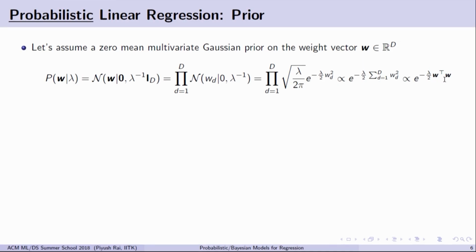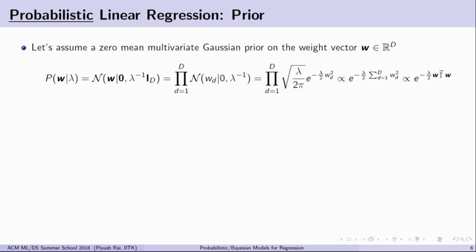We can write it as W transpose W, because if I take the inner product, it's nothing but the component-wise sum of squares. So if we take this prior, P of W given lambda, I'm making the prior explicitly depend on lambda. I could choose not to write lambda here, but I'm mentioning it to show that this is a hyperparameter of the model. So our prior distribution is proportional to e to the power minus lambda by 2 times W transpose W.